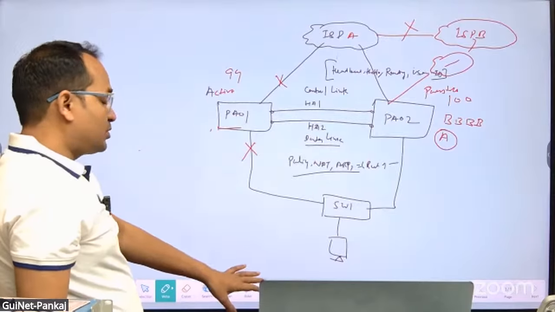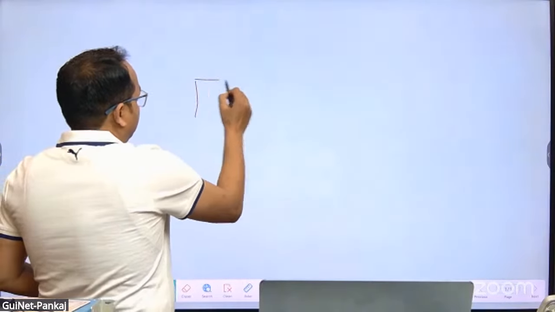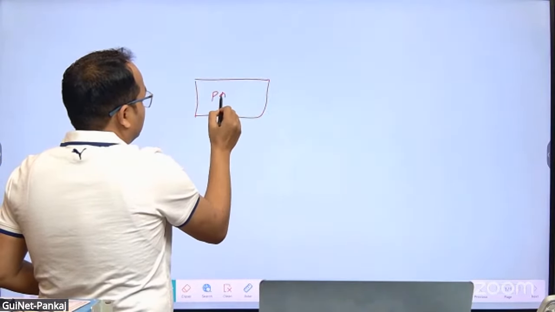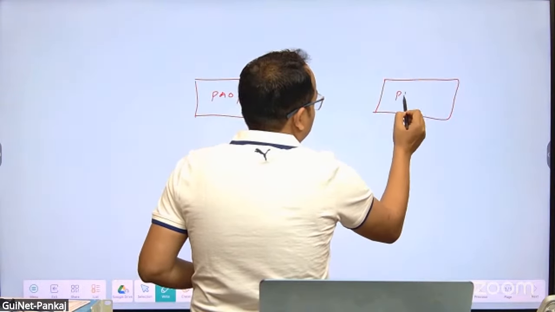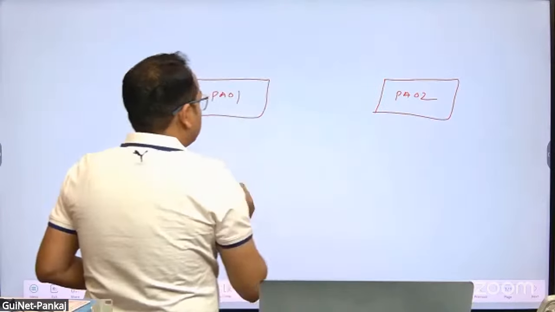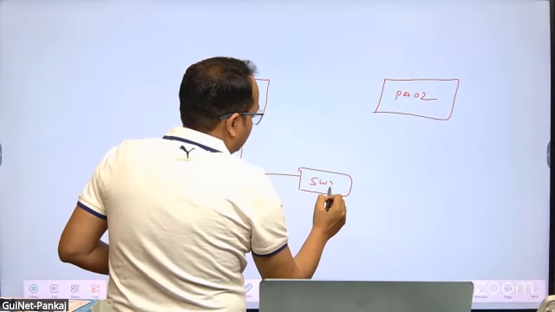Now today I'm going to explain another scenario, active-active, where both firewalls become active. This is my PA01 and this is my PA02, and the setup should be like this. Again they are going to use switch 2.